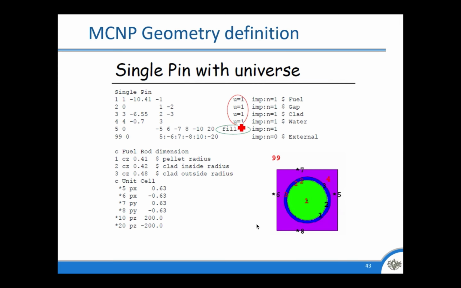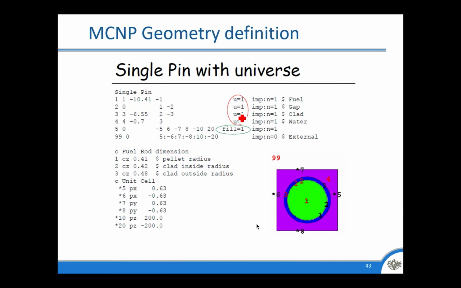And I fill my empty place with my universe 1. This is the simple way to do it: I create an empty cell, and I fill this empty cell with universe 1. Just to fill one empty cell with a universe is not needed; I can do it in one go.